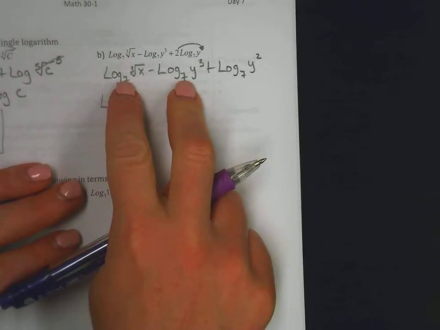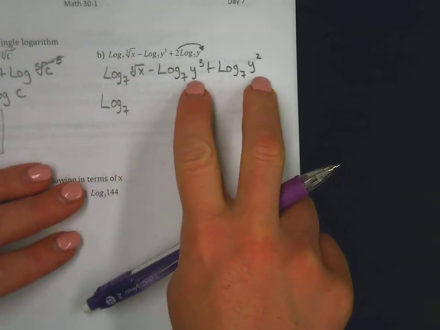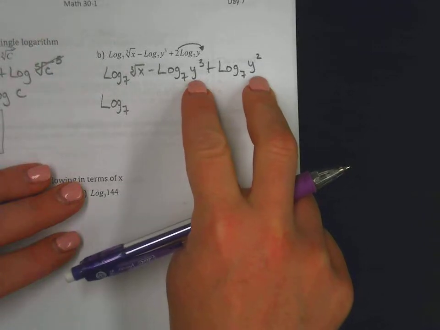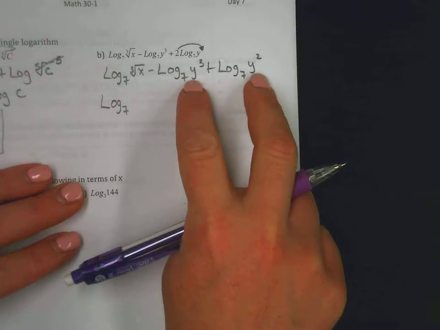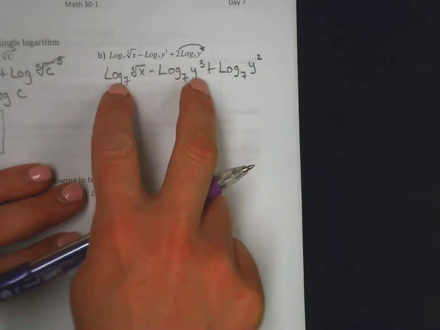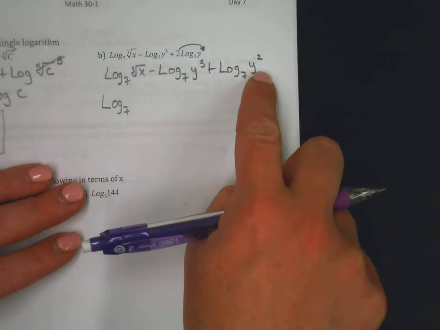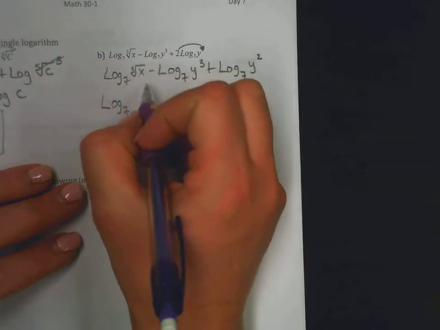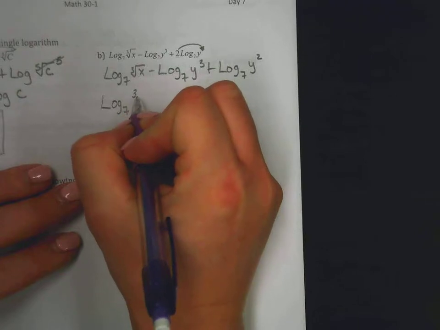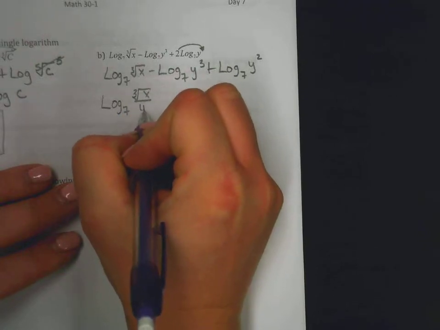So this is why you've got to do order of operations, because some people might look at this and say, oh, I'm going to multiply these first to get a y to the power of 5, right? But technically, I need to divide these first and then multiply. So this actually ends up in my numerator as opposed to my denominator. So I'll show you what I mean. So this is cube root of x over y cubed.